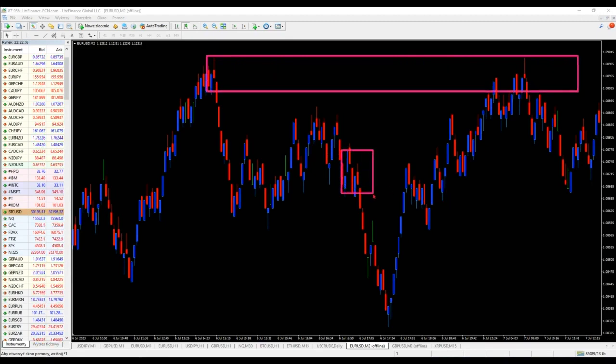Here would be a possible trade with the 50% approach. I'm not sure if I would be stopped out or not over here, but that's how it works.